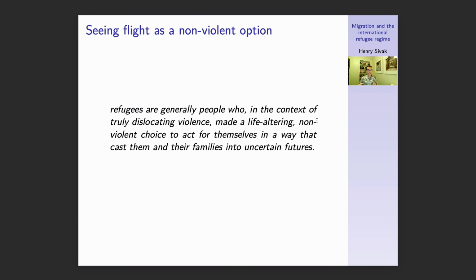I don't want to cast the EU as the only bad actor here, because there are lots of others, but I do know more about the European Union, and it has cast itself into a situation where it has been punishing precisely those very people who have chosen nonviolence in the face of very violent, destabilizing circumstances.